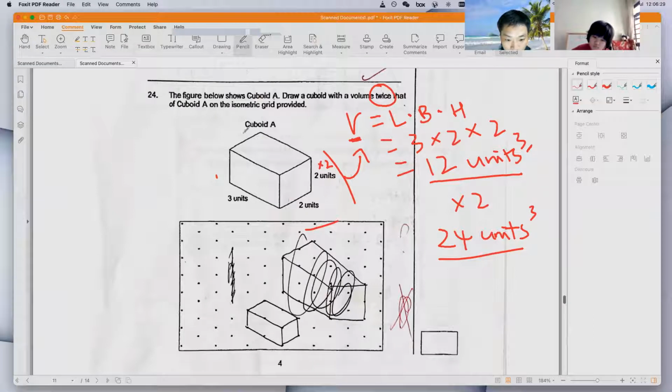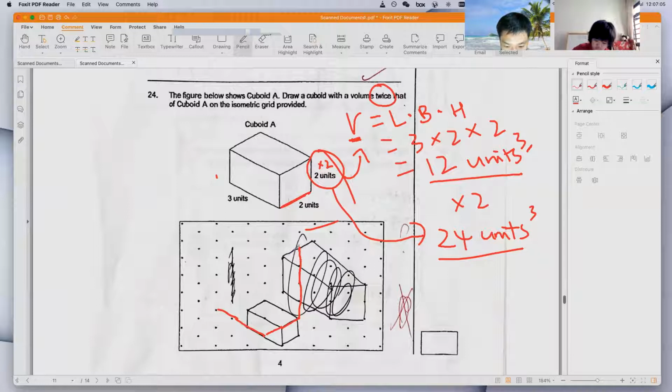So I will just continue to follow 3 units here: 1, 2, 3. For this, it remains the same, 2 units: 1, 2. And I want to double the height, because once I double the height, I can double the volume. So from 2 units, I double it to 4 units: 1, 2, 3, 4.